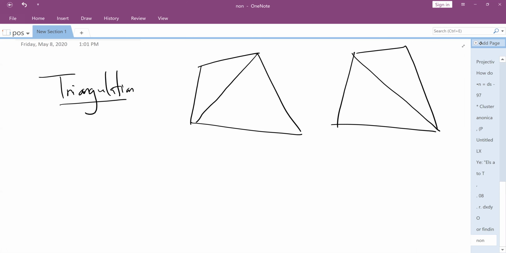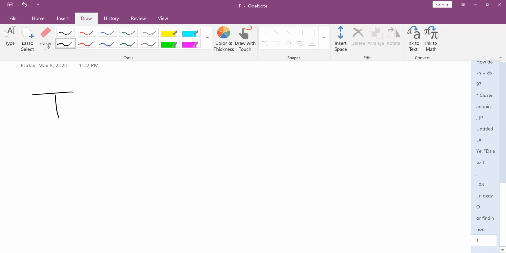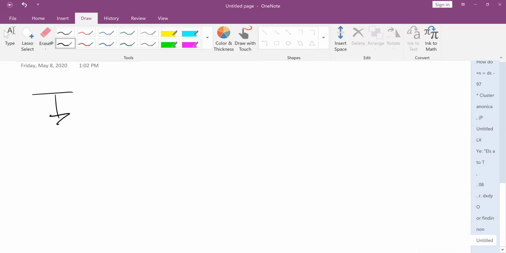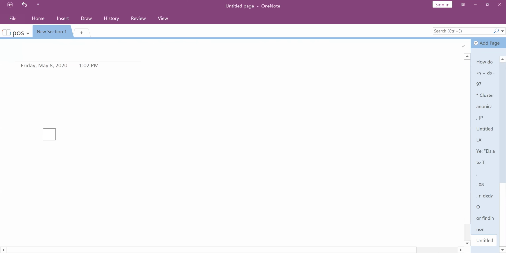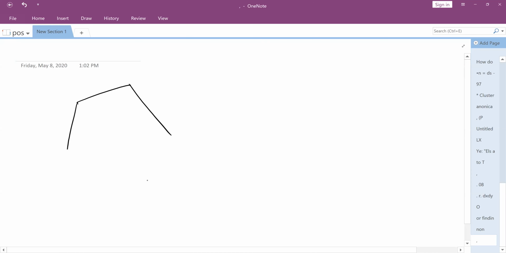Let me mention one simple and nice fact. Let's say we have a polygon. This has vertices V1, V2, V3, and there are edges E1, E2, E3, and so on.